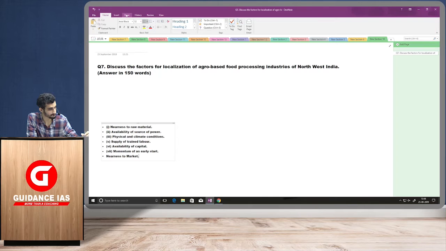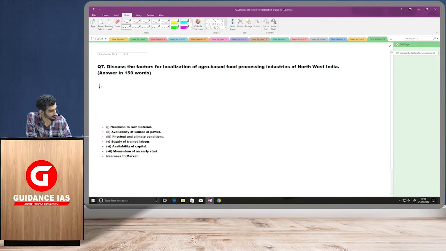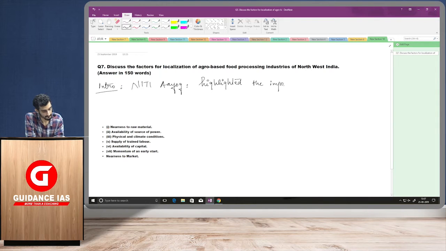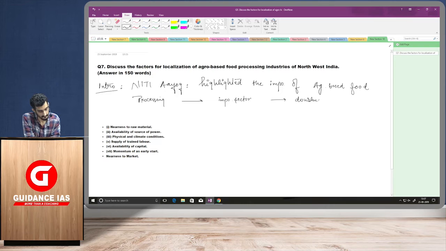So if we talk about this question, we can give a journalistic introduction, which was a very recurrent theme in recent months, that is Niti Aayog highlighted the importance of agro-based food processing as one of the important sectors for doubling farmers' income.